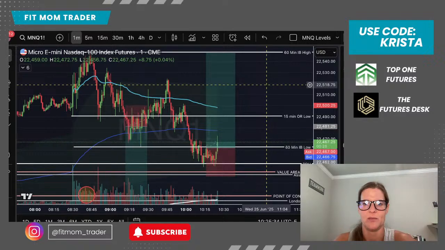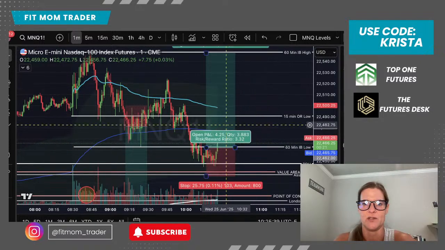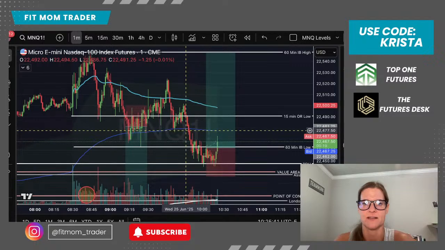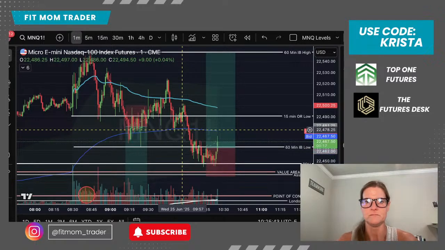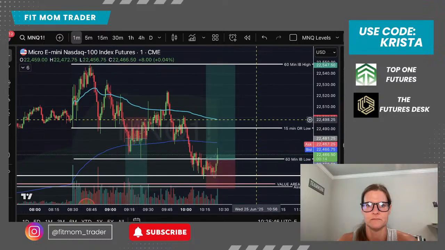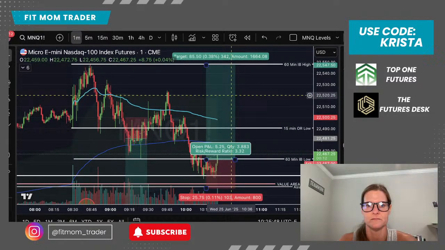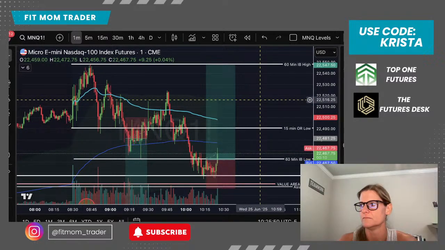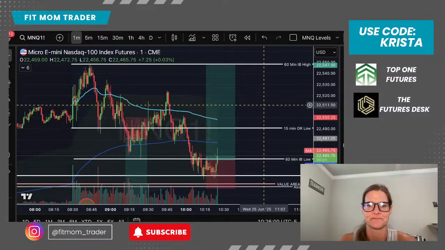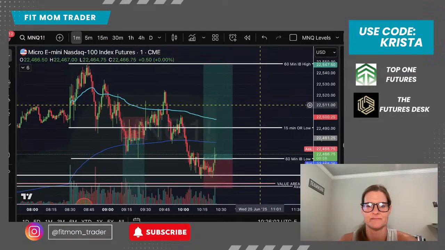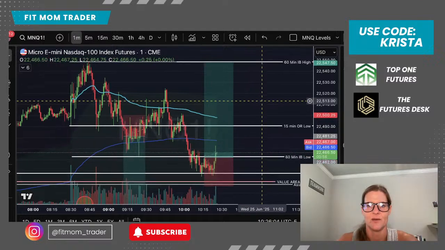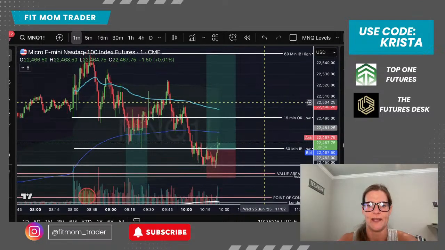Getting a little peekaboo back up above the initial balance low. But we do have resistance right above us. So that was good volume on that candle.